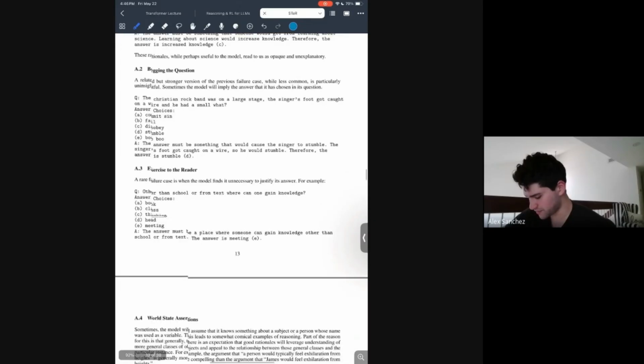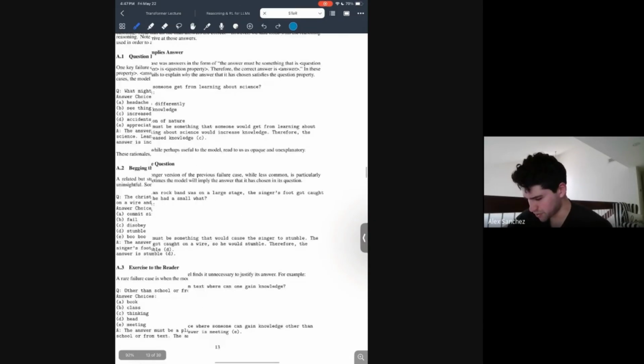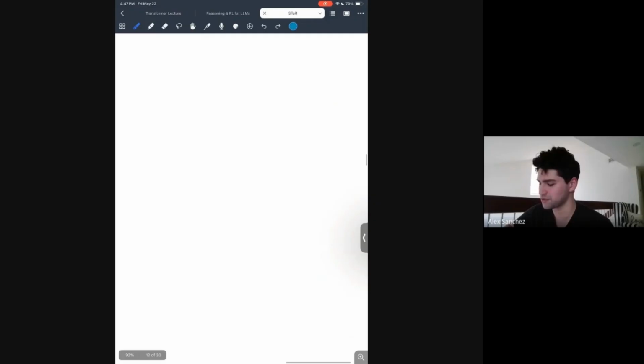Same thing here. And this question, for example, the answer must be in a place where someone can gain knowledge other than score from text. The answer is a meeting. Like, what's it talking about? But in some of these, that reasoning could lead to a correct answer, and you're not even checking the value of the reasoning.